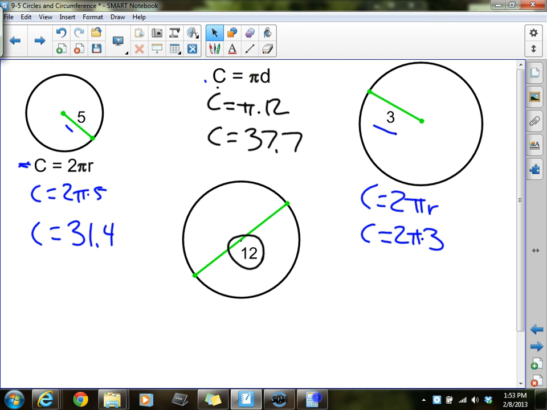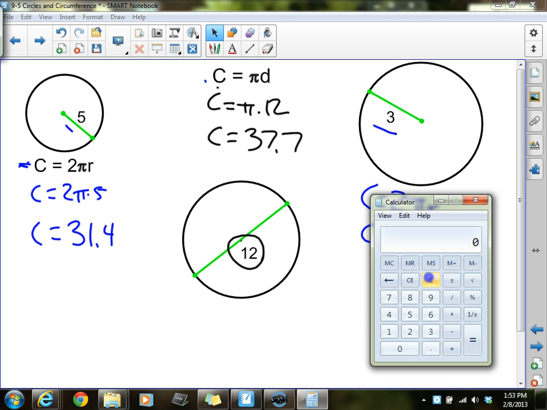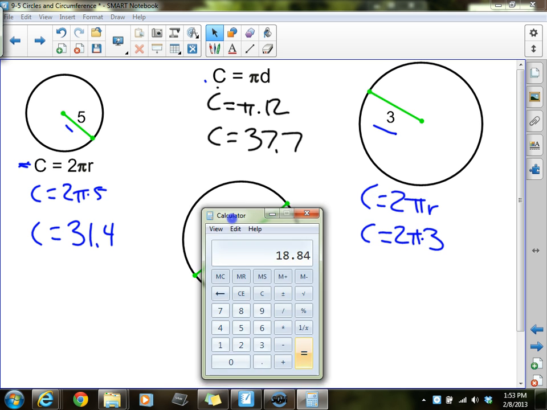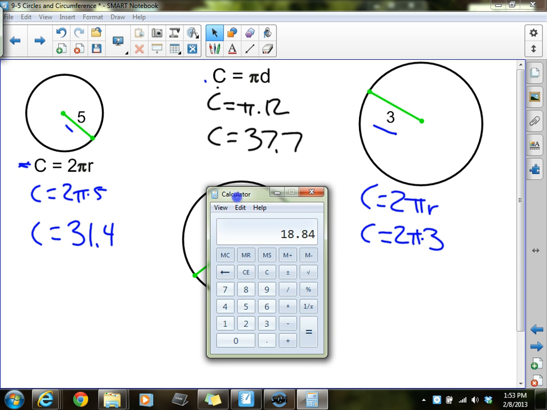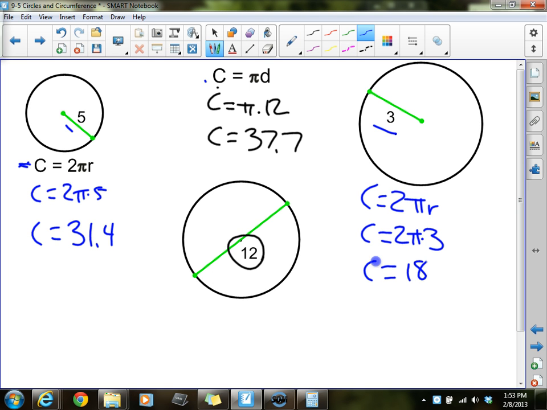I get my calculator out, 2 times 3.14, and then times 3. And look at that, my circumference is 18.8.